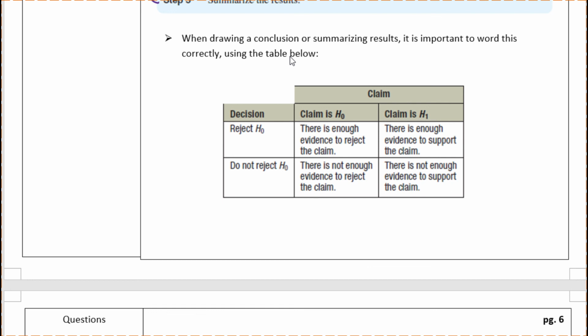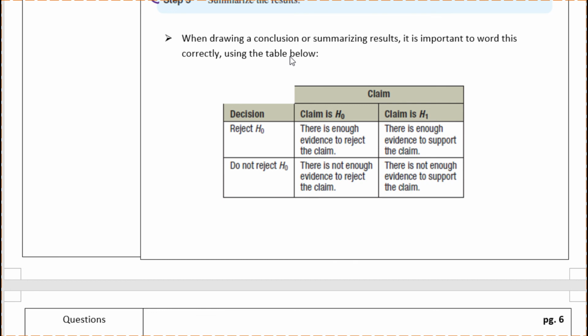Okay, so we can only reject or fail to reject H0, but we could accept H1. So H1 could be accepted or rejected, but H0 is reject or fail to reject. So if we reject the null, and the claim is H1, then really we're supporting H1, right?